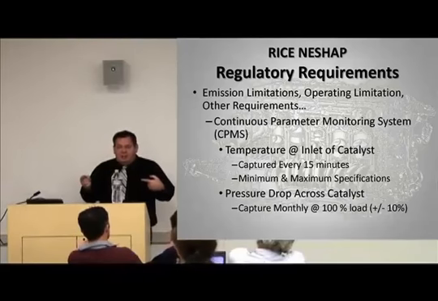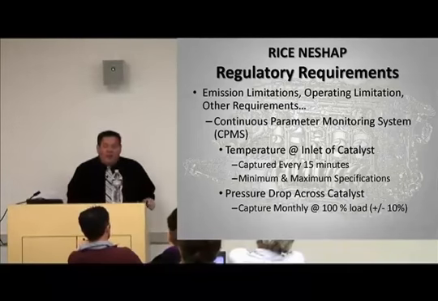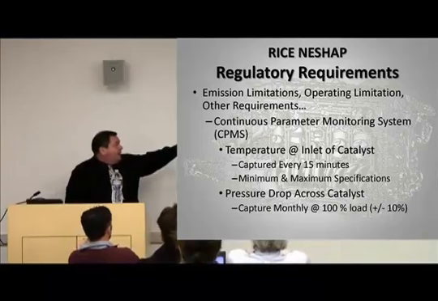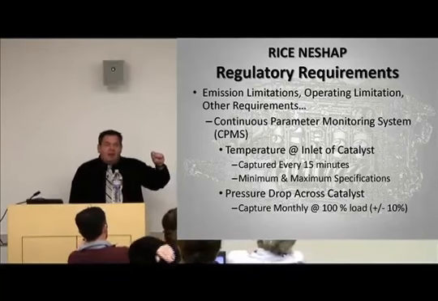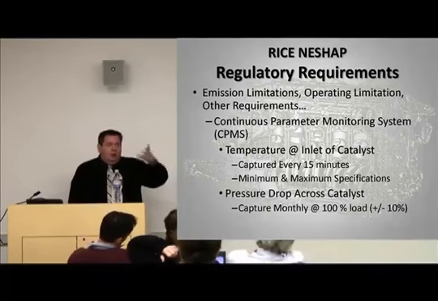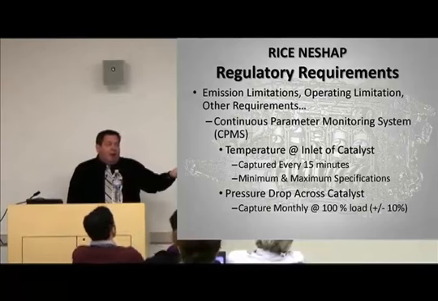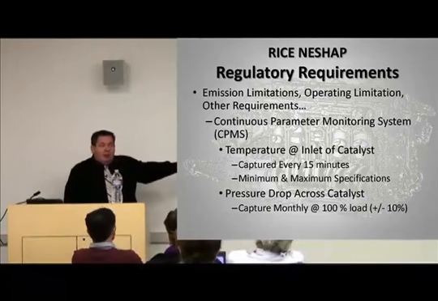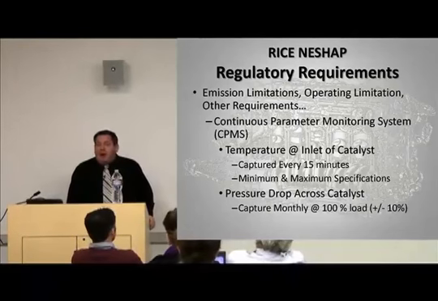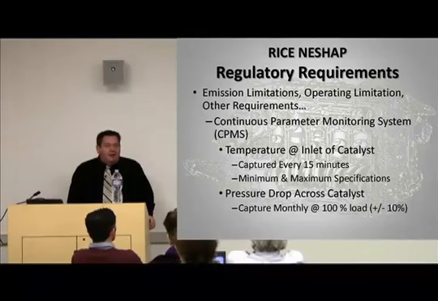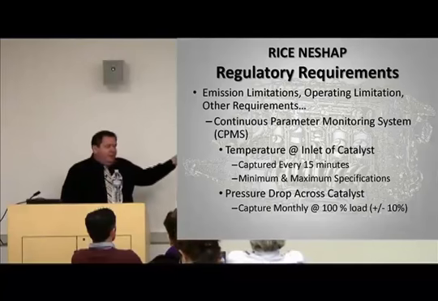Another consideration is this requirement that they have to do this pressure drop monthly. The temperature test, it's every 15 minutes, and you calculate it, you present it as a 4-hour rolling average. The pressure drop is once monthly at 100% load plus or minus 10%. I went to a water district in the Central Valley, and this was just unbelievable to them.